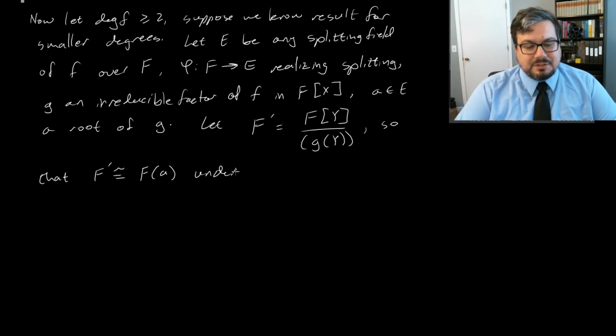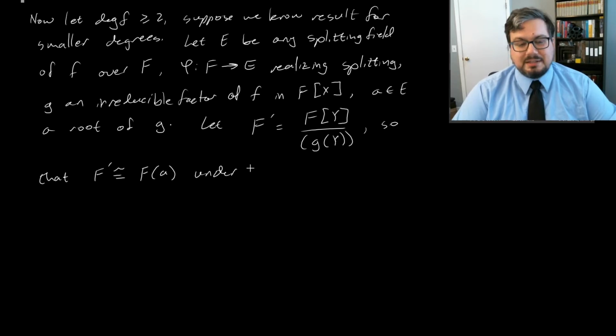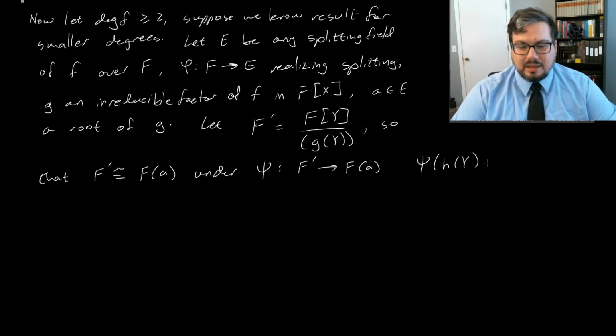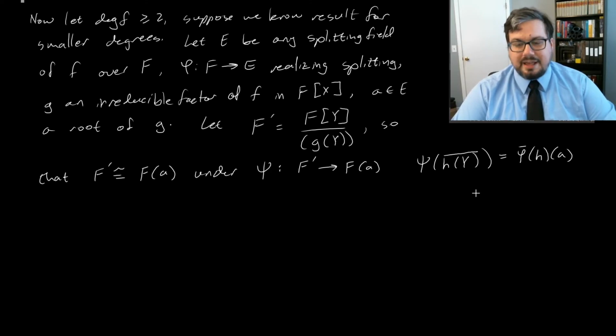And furthermore, we want to specify what this isomorphism looks like based on what we did in the last theorem. So the isomorphism psi, going from F prime to F of a, is given by psi of h of y bar, because that belongs to the quotient ring F prime, equals phi bar of h of a.